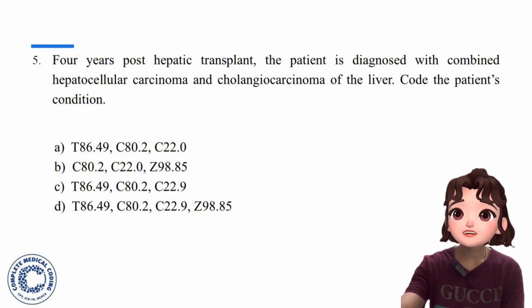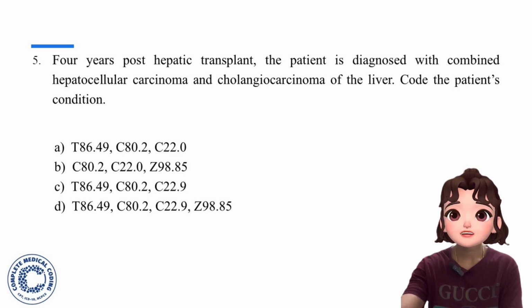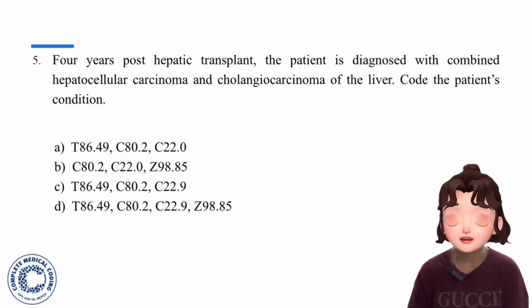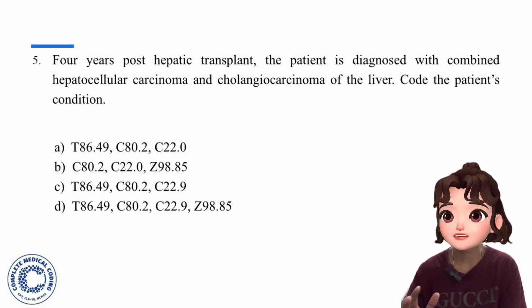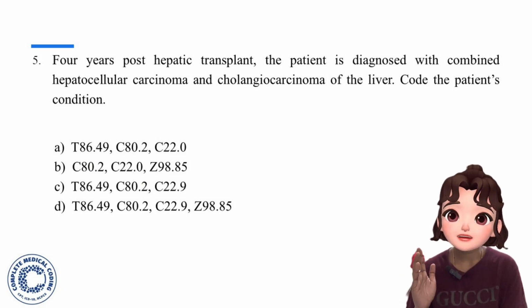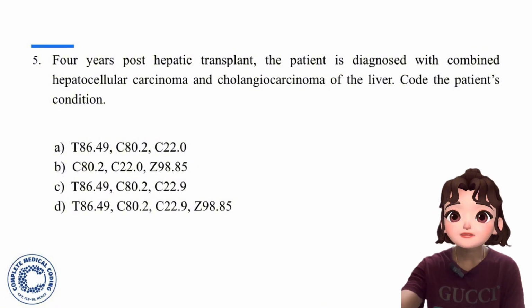And then if you go to option B, the second code, C80.2. What is C80.2? Malignant neoplasm associated with a transplanted organ. Some cancer associated with the liver. It's already mentioned: hepatocellular carcinoma, a cancer related to the liver.